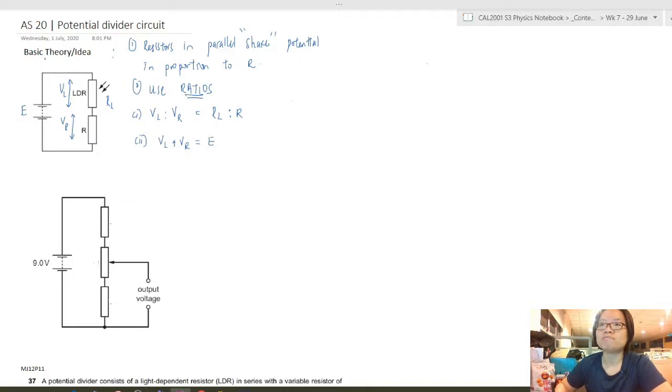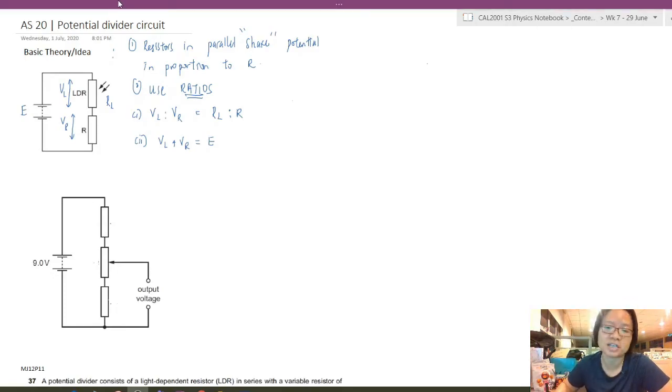Okay, so you can see, whenever there's a potential divider circuit, physics people are very literal, we name things exactly the way they're supposed to function. We're not going to put in some fancy names, because nobody has that kind of head space for that.